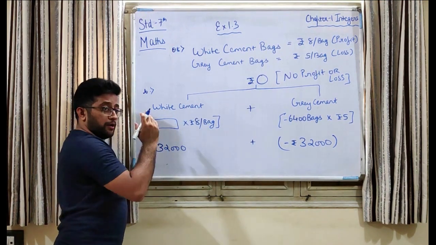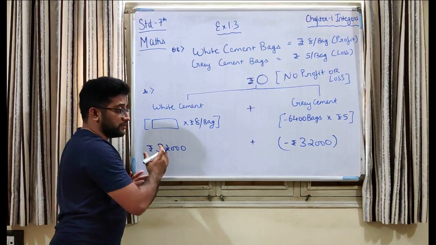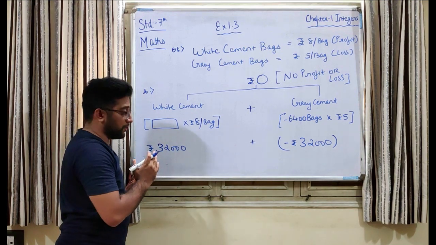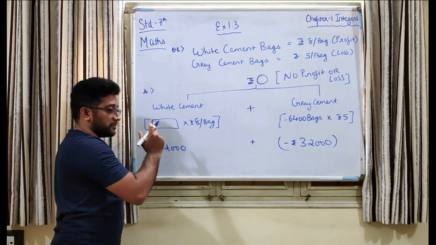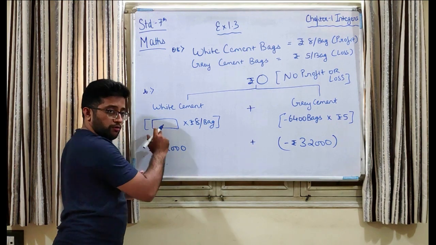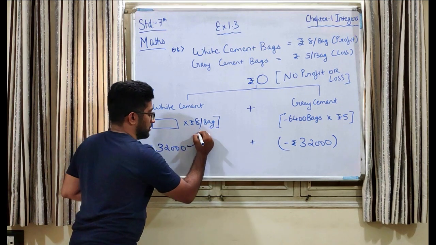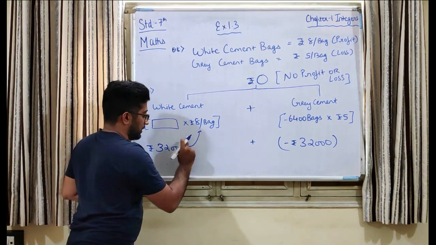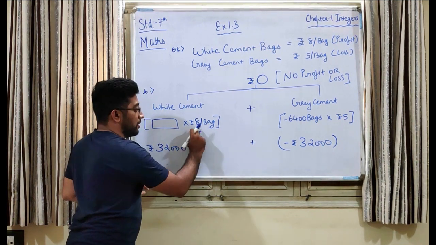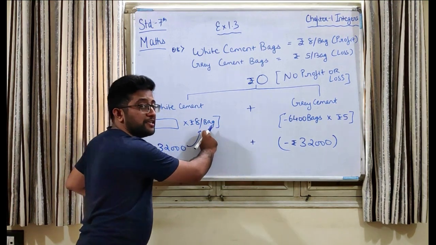Now here our answer doesn't complete. Okay, our question asks us about the number of bags of white cement which must be sold. So just take a good look at this too, that is 32,000 is earned by earning a profit of rupees 8 per bag.